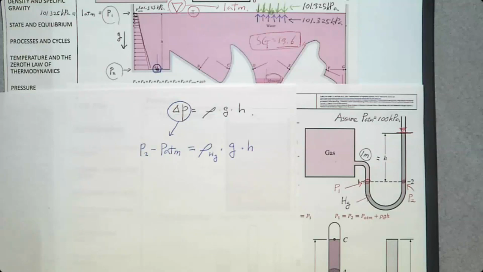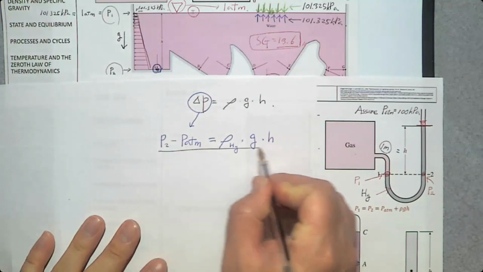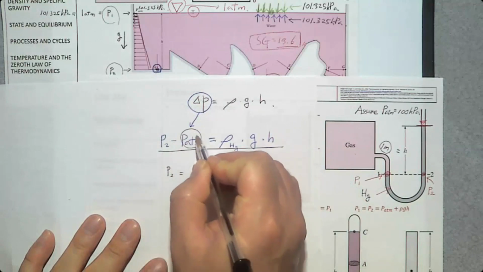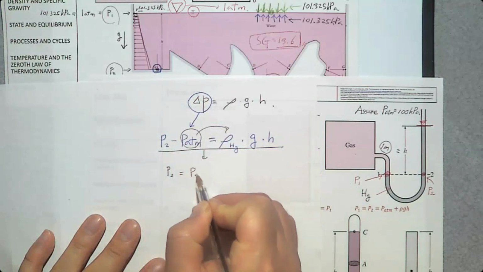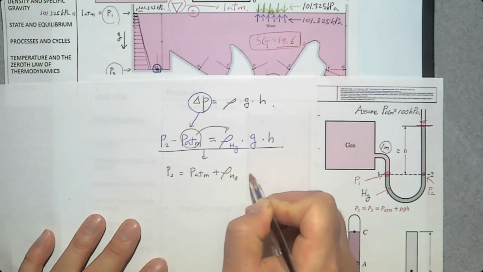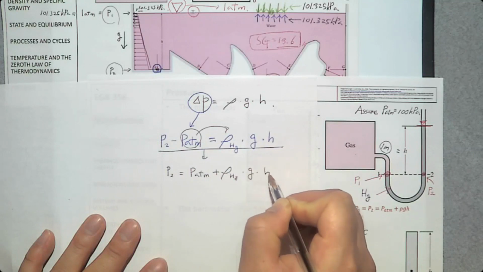Now, P1 and P2 are the same because point 1 and point 2 are at the same level within the same fluid, mercury. So from this equation, we learned that P2 is, if you move this to the right-hand side, P_atm plus the density of mercury times gravity times h.